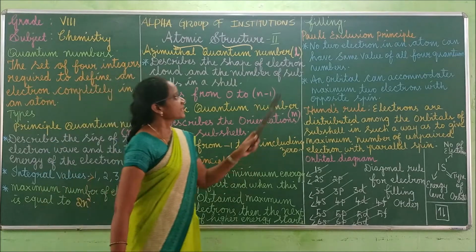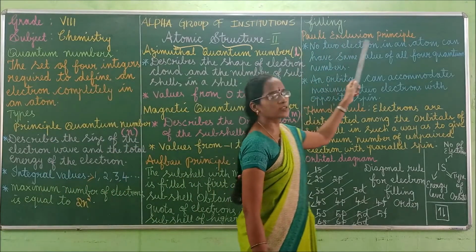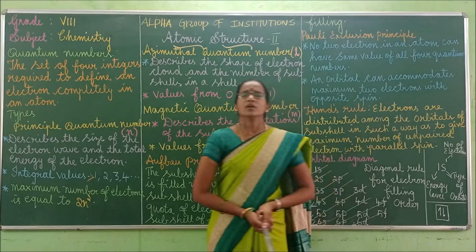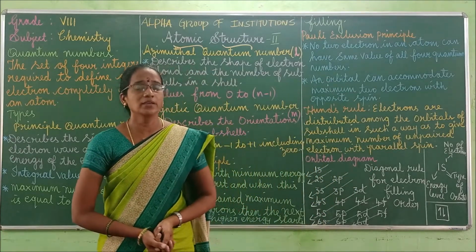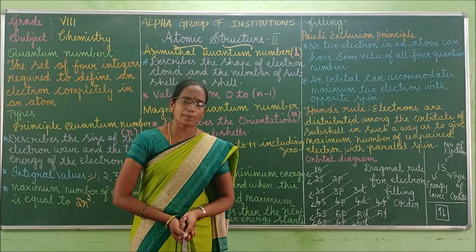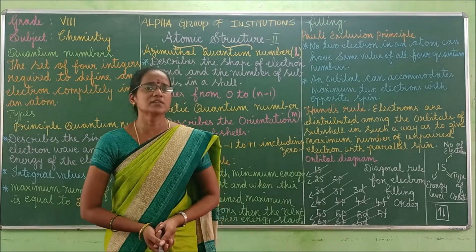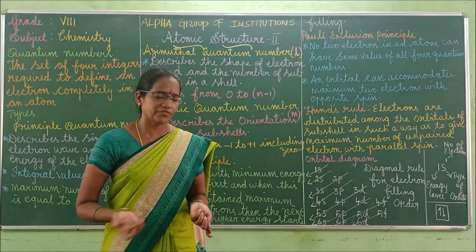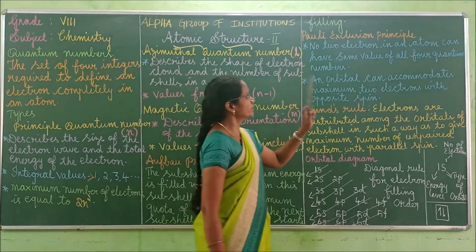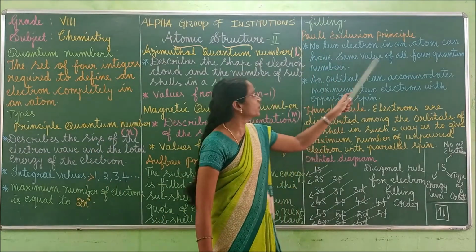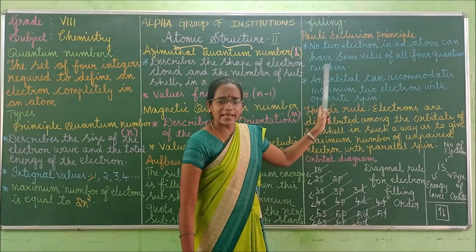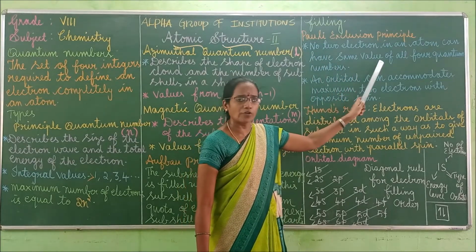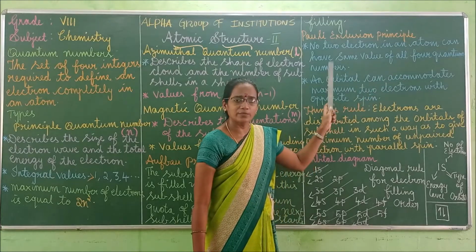Second one, Pauli exclusion principle. It was formulated by the Austrian physicist Pauli. Physicist means one who is well versed in physics. According to this principle, no 2 electrons in an atom can have the same value of all 4 quantum numbers.